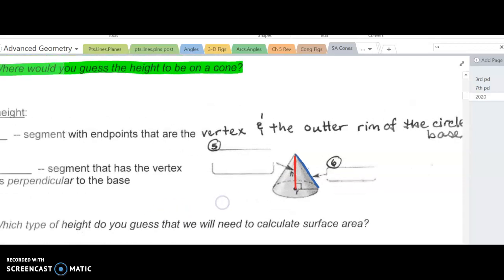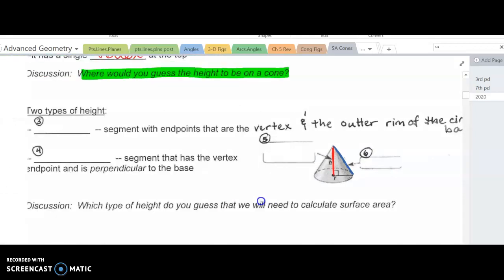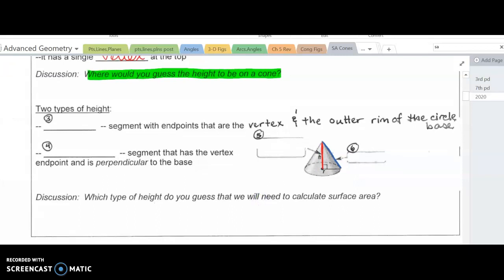And so it turns out there's actually two different kinds of height on a cone. So you have something that's called the slant height. And perhaps that makes sense to you that it would be called the slant height because it's slanty, right? It's diagonal.